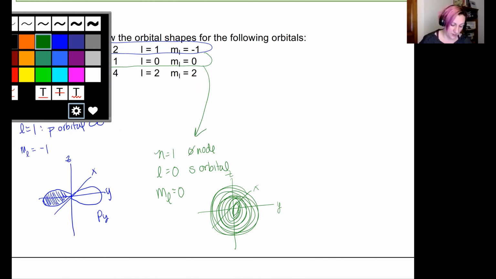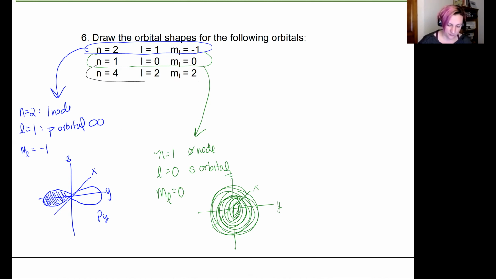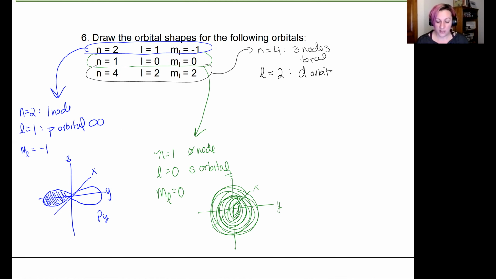All right, let's switch now to our third one. Okay, so this one, we have n equals 4. That tells me that we have 3 nodes total, because it's always n minus 1. Now I have an L equal to 2. That tells me I have a d orbital. d orbitals have 2 planar nodes.